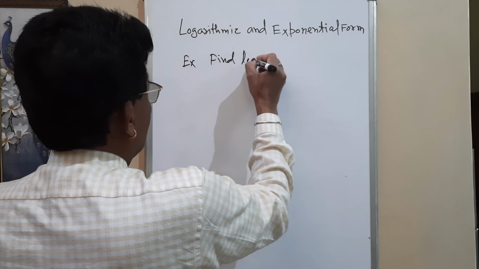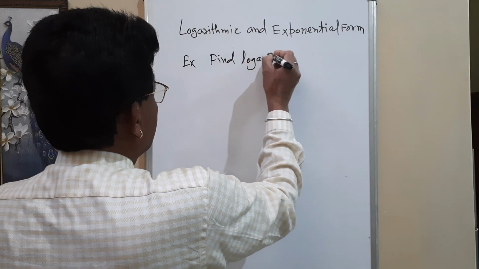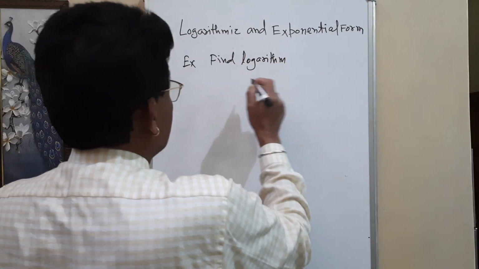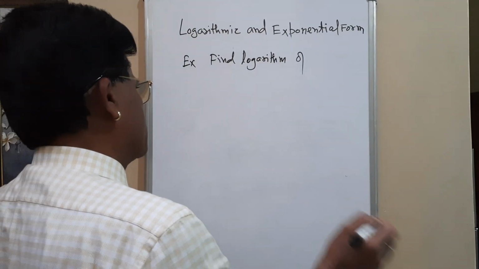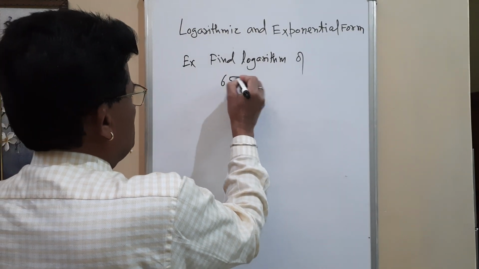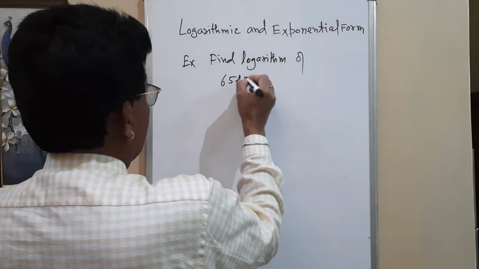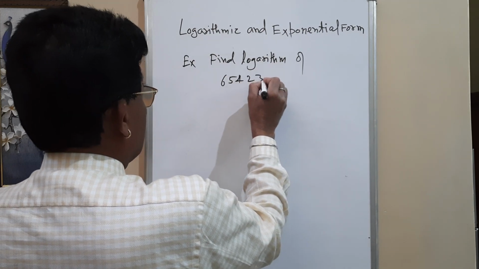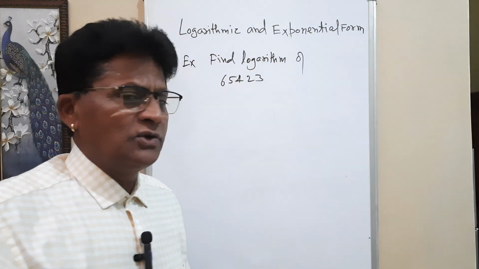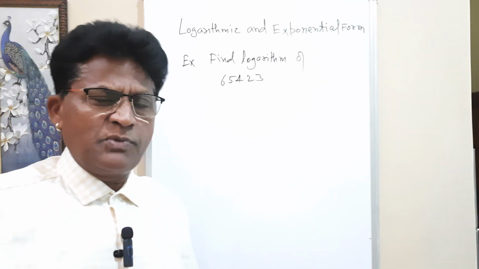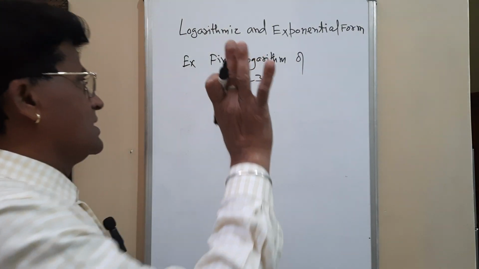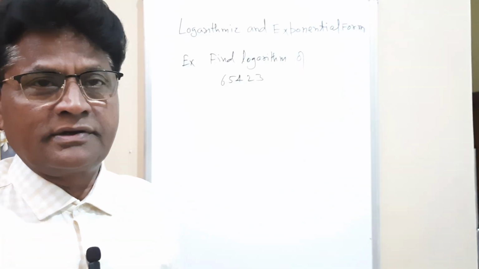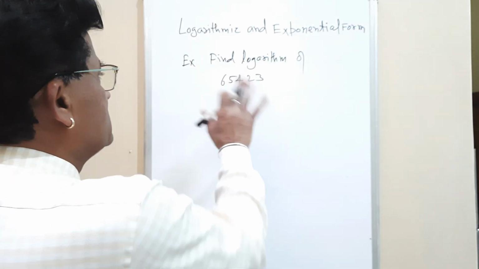I already told you, you will require the log table. Whatever number you want to write, you can write, that depends upon you. You will have to find the log of it. I will tell you how to find the anti-log also.